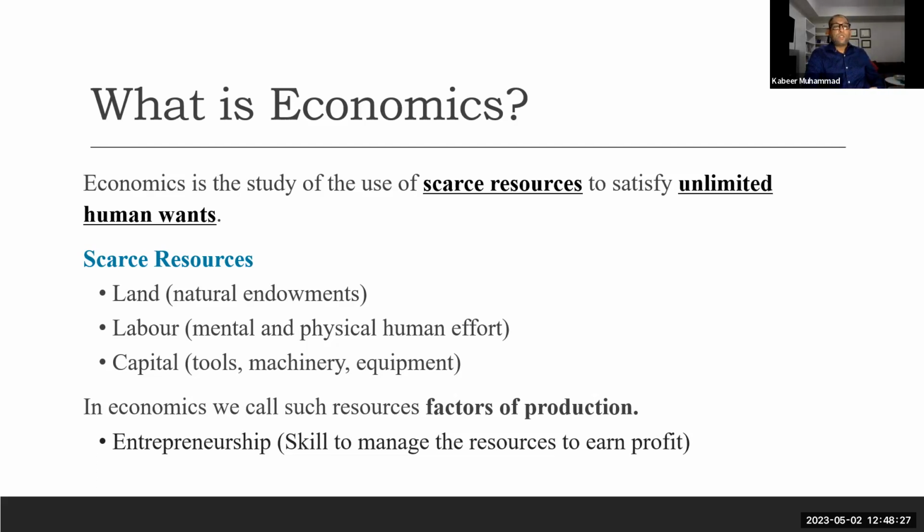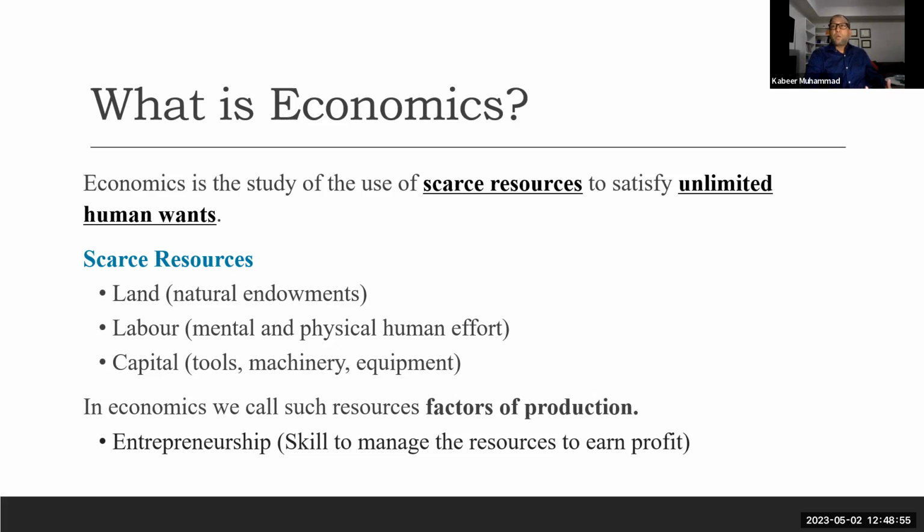The fourth one, which is not mentioned in this list, but I mention it later below, is entrepreneurship. Entrepreneurship means the skill, and that's again within the humans, the skill set that you can utilize these three above-mentioned resources, land, labor, capital, in such a way that you can produce something and make profit out of it.